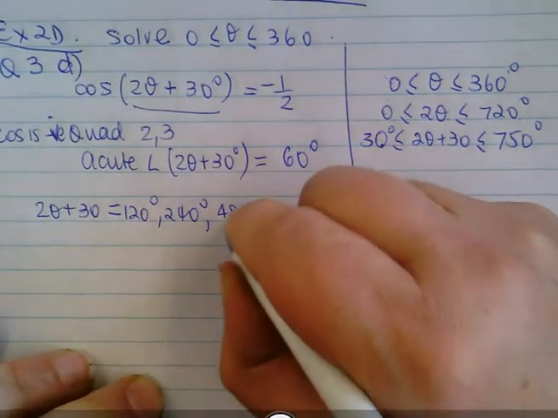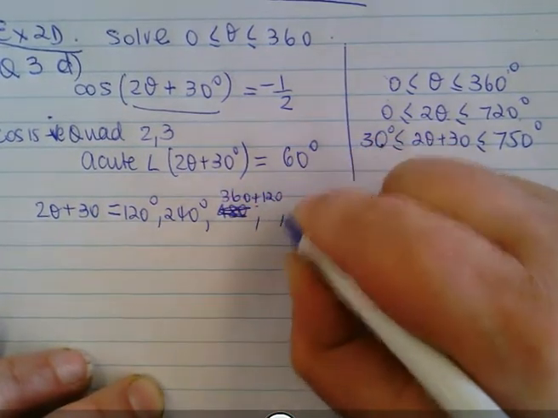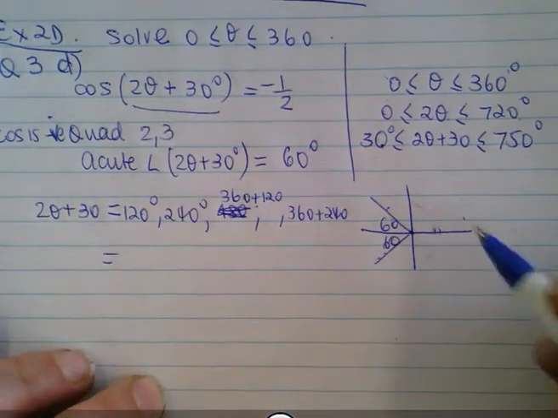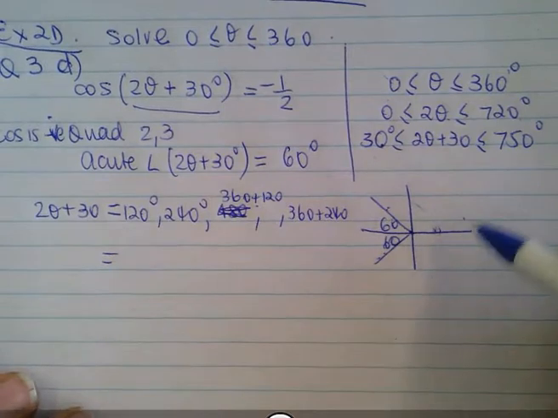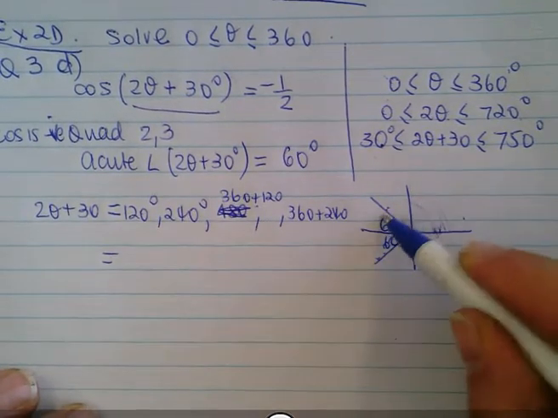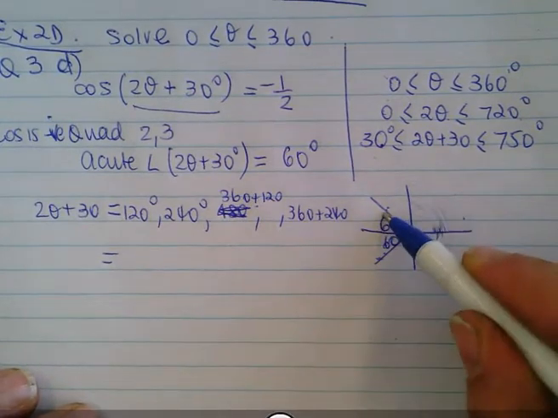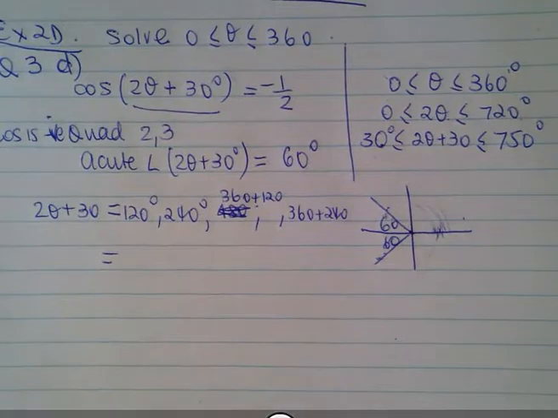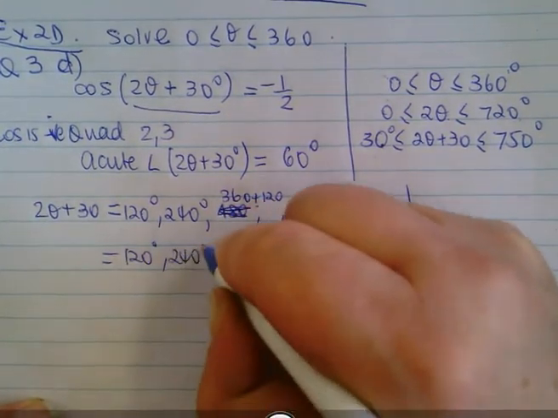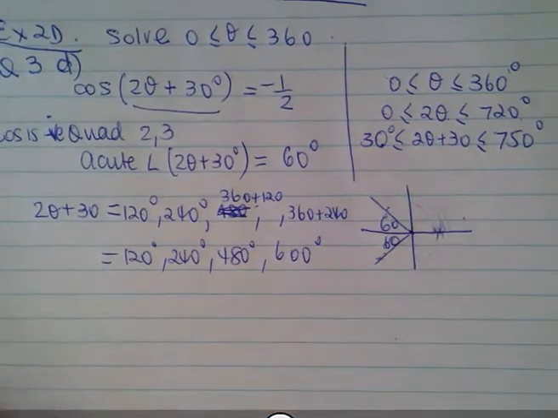So I can write it as 360 plus 120, 360 plus 240. But I don't think I'm going to be going around again. If I go twice around, that's 720 and 120, that's out. So I don't go further. So I've got 120, 240, 480, and is that 600? All right, no more fit.